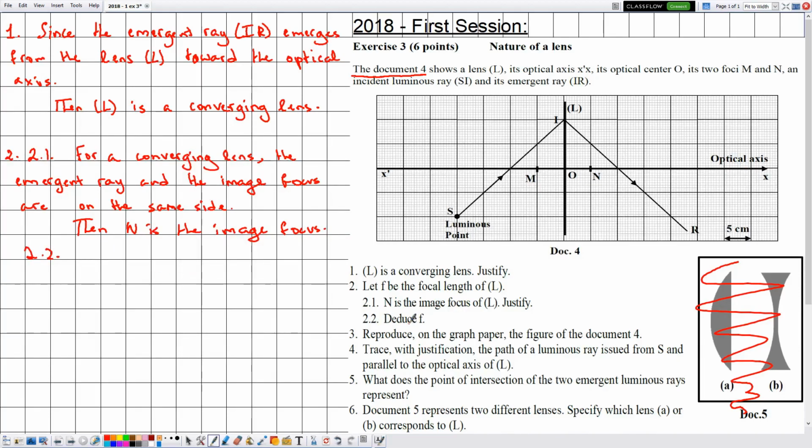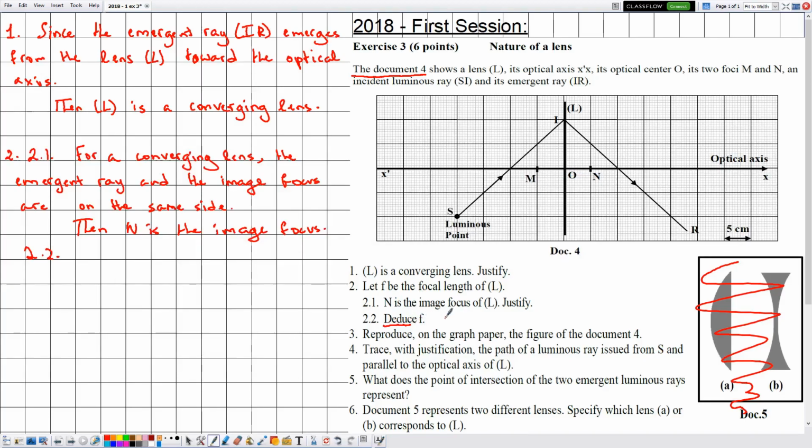So now in 2.2 they are telling me deduce f. In other words, we need to calculate f. They told me deduce because we need to use the part just before. In 2.1 we have determined which point represents the image focus. So now we know the position of the image focus and we already know the position of the optical center.